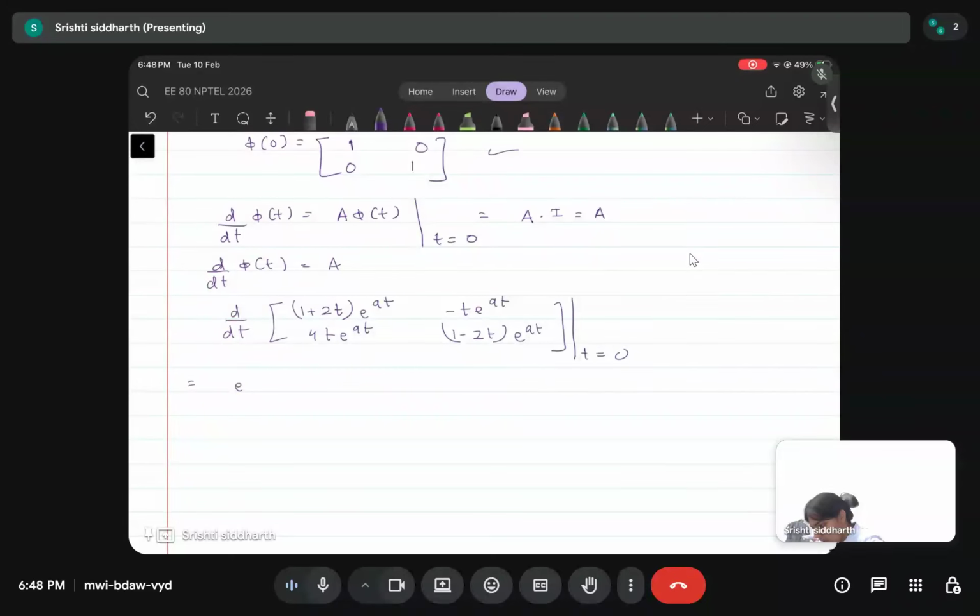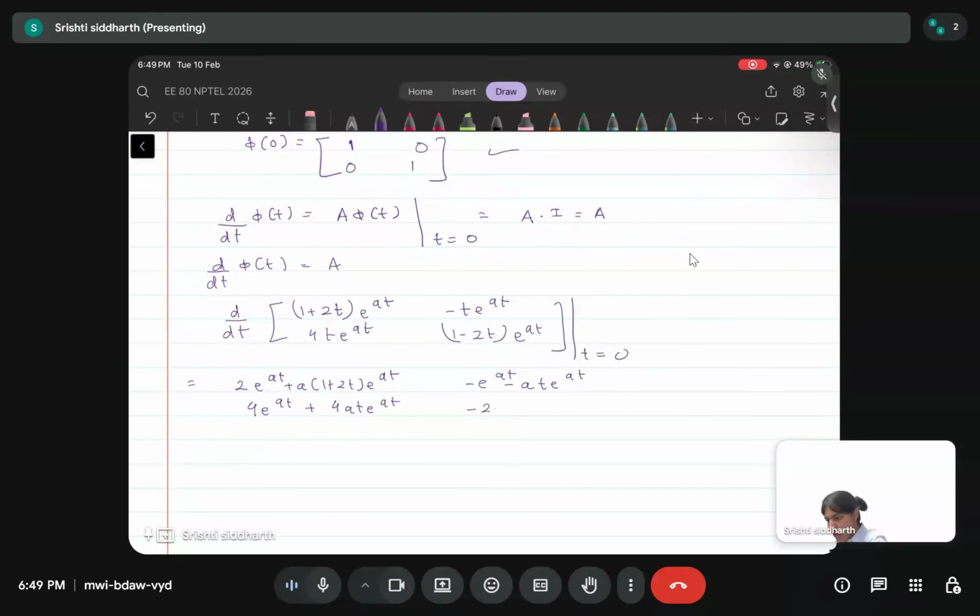This is e to the power at, this minus e to the power at with a times, then just 4 times e to the power at plus 4at e to the power at.